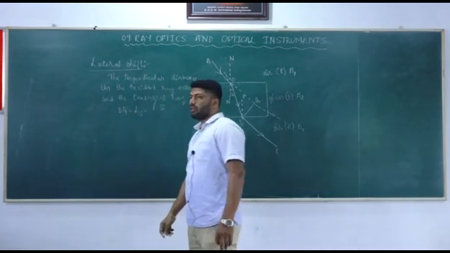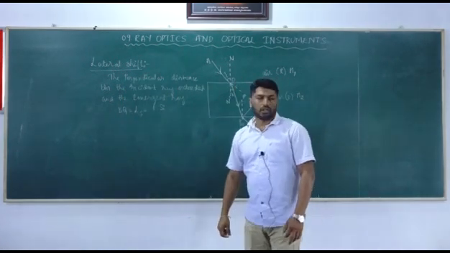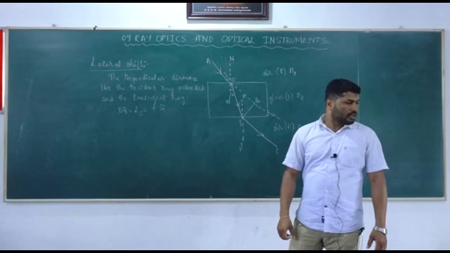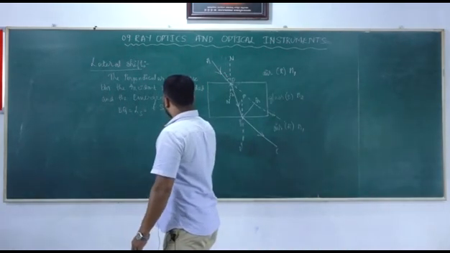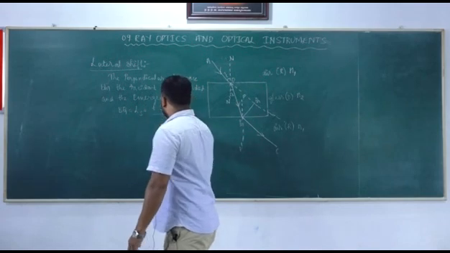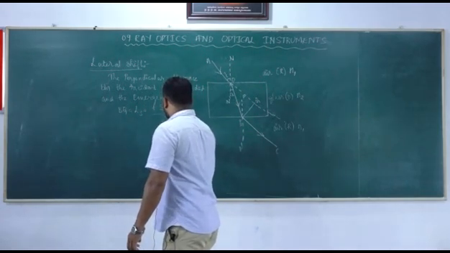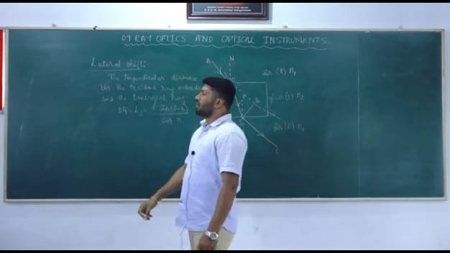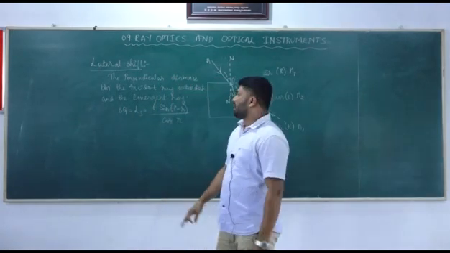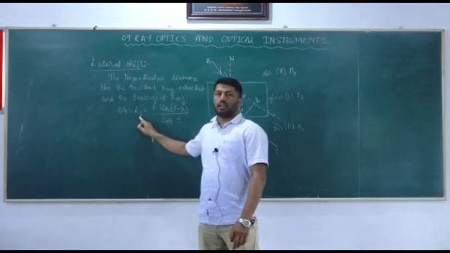There is no derivation for the lateral shift formula. It is T sin of (I minus R) divided by cos R. LS is the lateral shift.